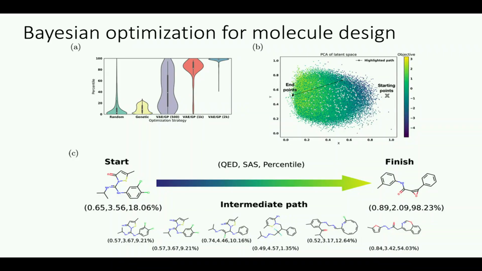And they show that if you're guiding this optimization with certain property predictions like QED or SAS, with some number of acquisitions, they were able to sample molecules that have much improved quantities for these predicted properties.